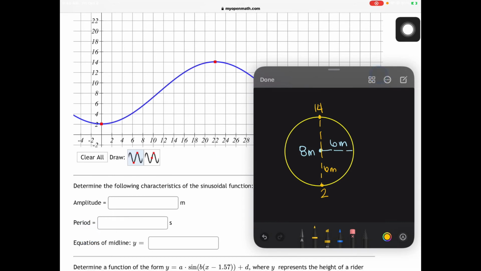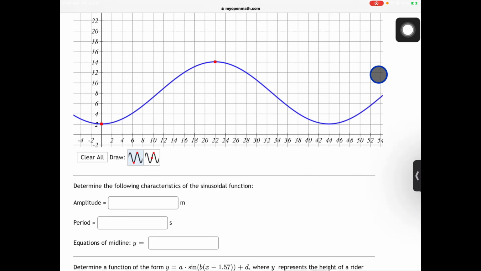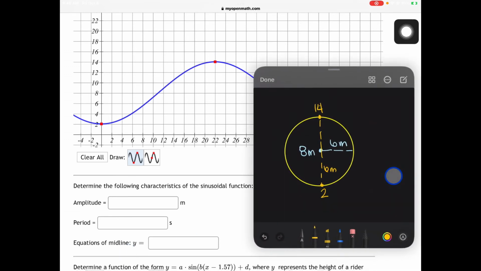Well, they told us in the problem that in 44 seconds it would complete one full revolution. So my period here is going to be 44 seconds. The midline is the center of the graph. Well, they told us in our diagram that the center was at 8. So that's going to be my midline.